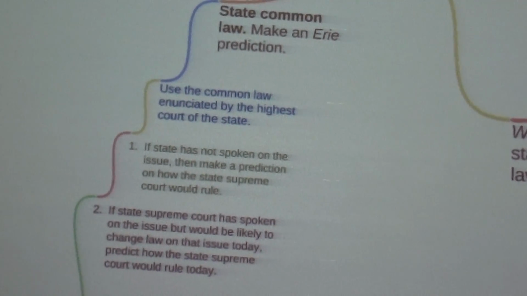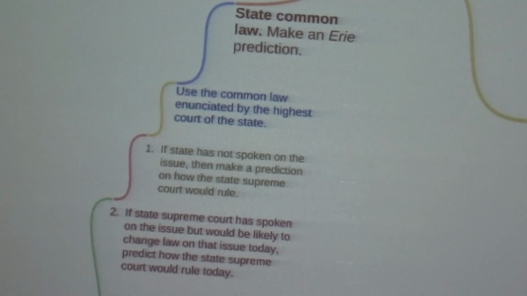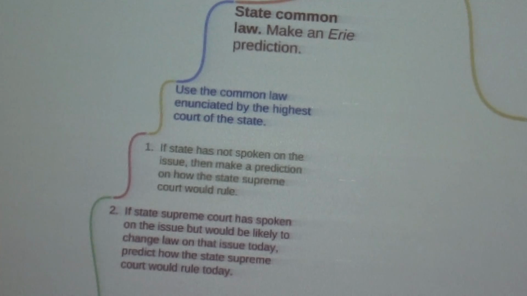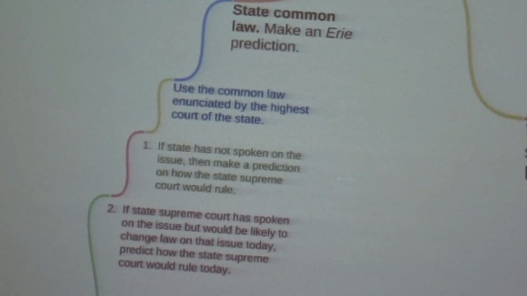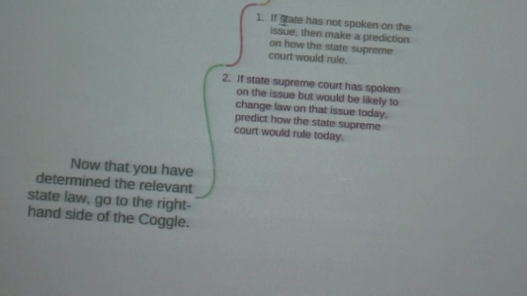An Erie prediction means that you apply the state common law as it's articulated by the highest court of that state, unless you predict that the highest court of the state would now hold differently. So use the common law enunciated by the highest court of that state. If it hasn't spoken on the issue, make a prediction.